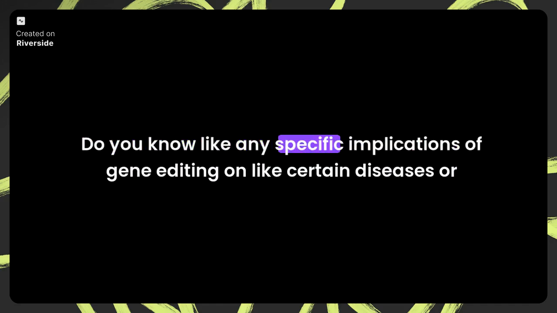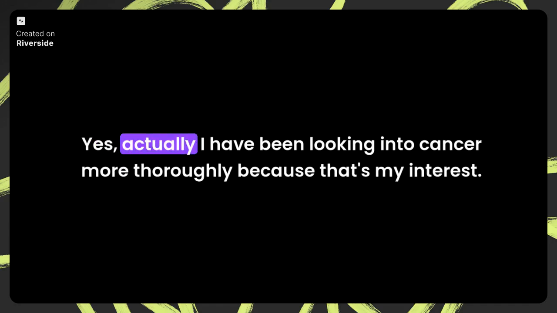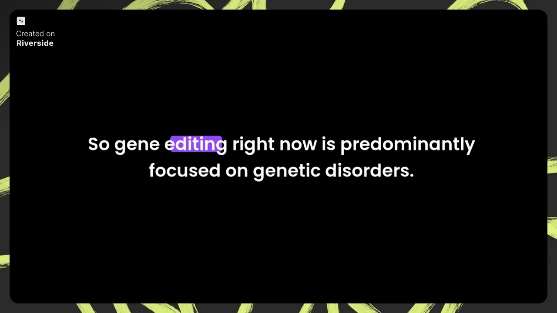Yeah, I think that's really interesting. Do you know any specific implications of gene editing on certain diseases or conditions that we have today? Yes, actually, I have been looking into cancer more thoroughly because that's my interest. Gene editing right now is predominantly focused on genetic disorders.